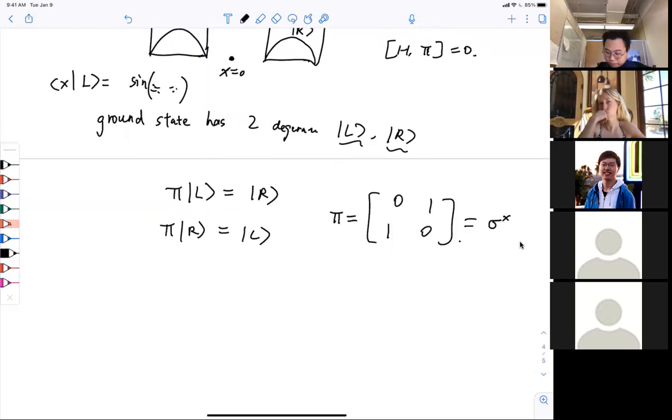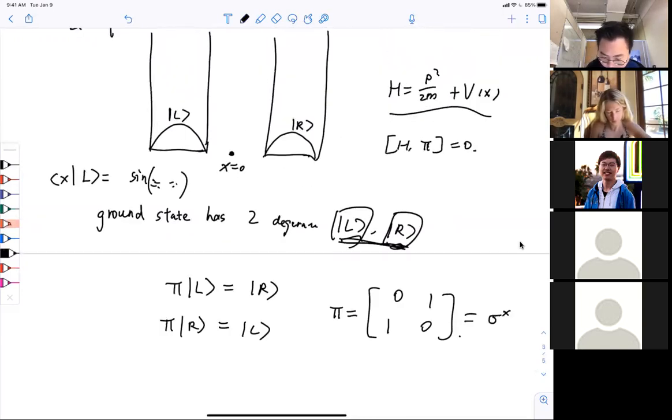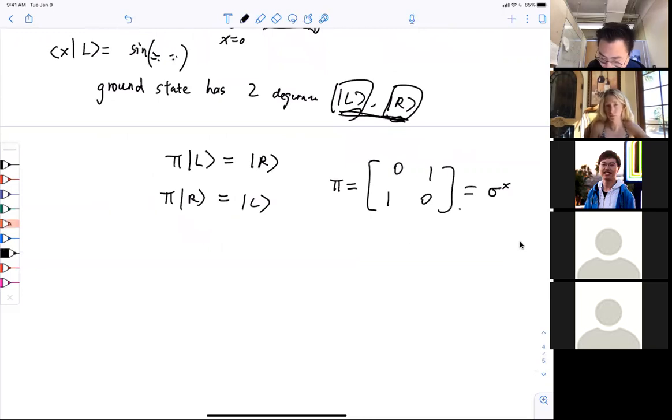So in this basis, the states are not parity states, but by diagonalizing this matrix, we know it has eigenvalues +1 and -1. It's easy to calculate.